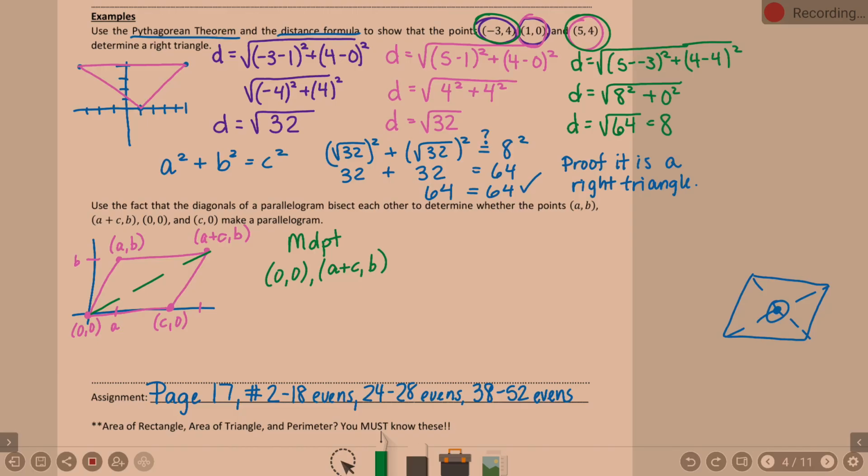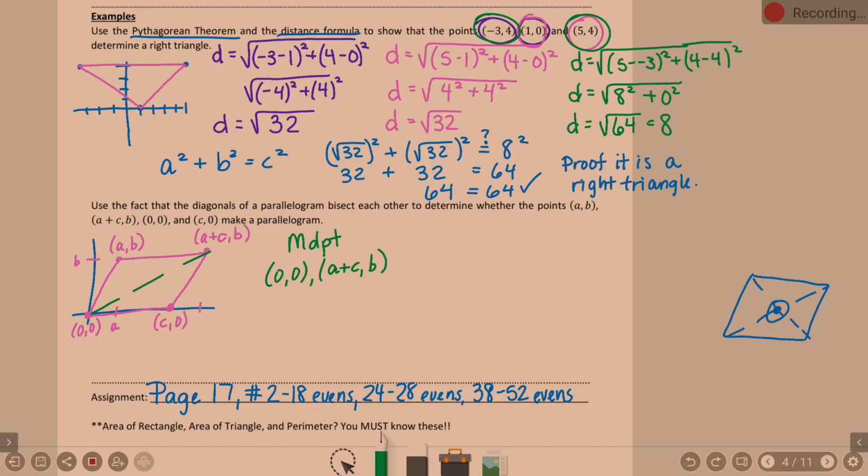It's parenthesis x1 plus x2, either way, divided by 2, and then comma, y1 plus y2 divided by 2. Basically, you add the x's, divide by 2. You add the y's, divide by 2.